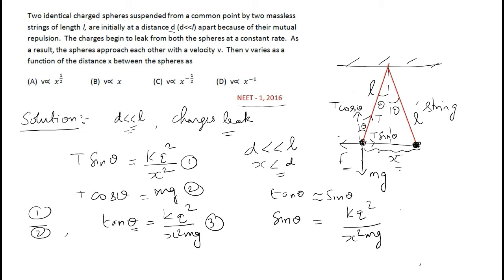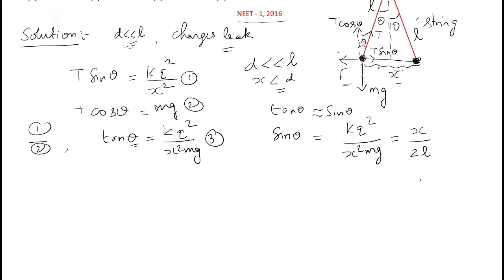But from the picture, sin theta is the opposite side, which is x by 2, consider this triangle, x by 2 over the length of the string. Now what we can do, q squared is equal to, here k is 1 by 4 pi epsilon naught.